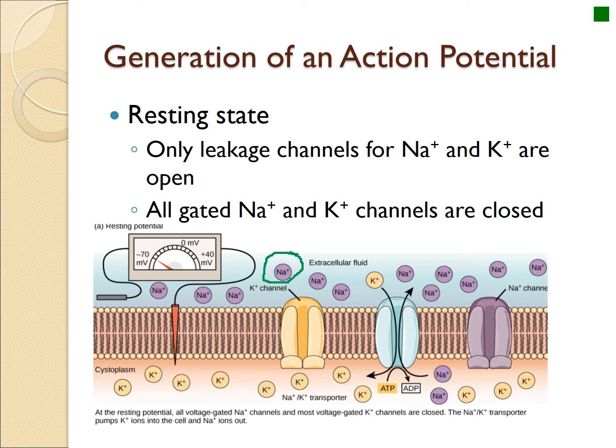Very little on the inside. Now know that some sodium is leaking in, okay? And some is also leaking out in a way too. It just depends. But what we try to do is keep this balance to the point where we're pumping out sodium, okay, at a greater rate than it's leaking in.